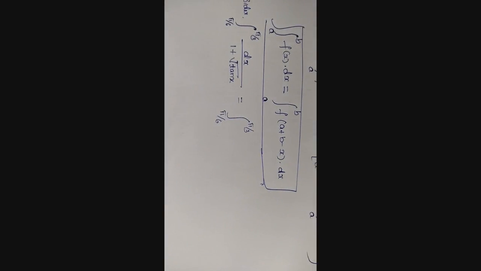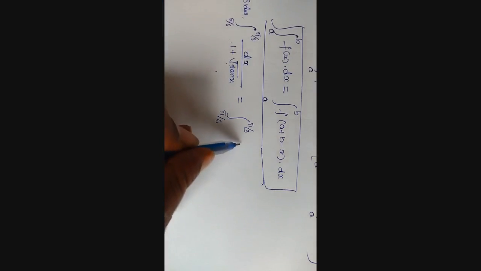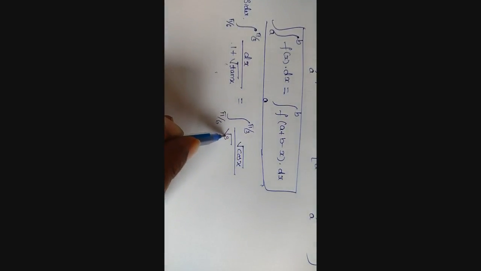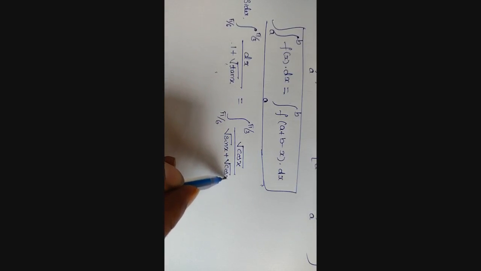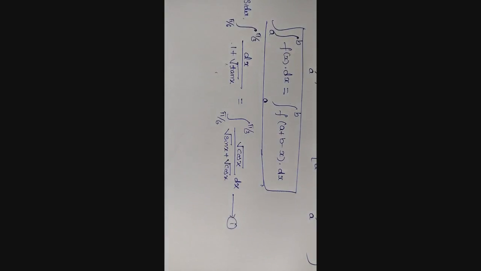Here we need to change the root tan x in the denominator: root tan x can be written as root sin x divided by root cos x. This root cos x comes to the numerator when we take the LCM of the denominator. Totally we get root of cos x divided by root of sin x plus root of cos x into dx. Call it equation number 1.